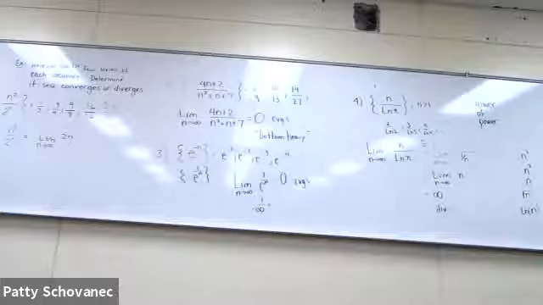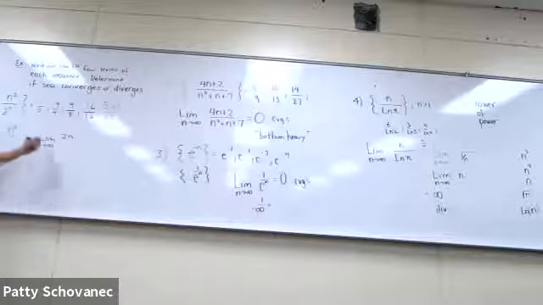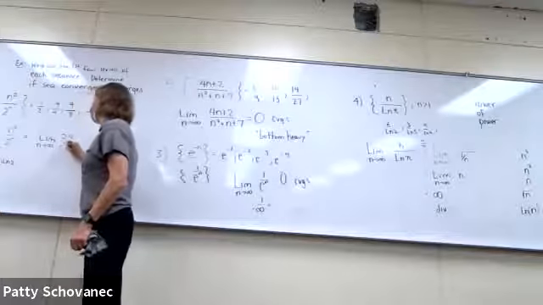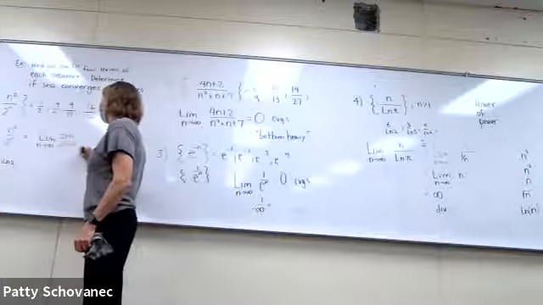So this n can come in front: e to the n natural log of 2. So the derivative is itself times the derivative of the exponent: e to the n natural log of 2 times the natural log of 2.